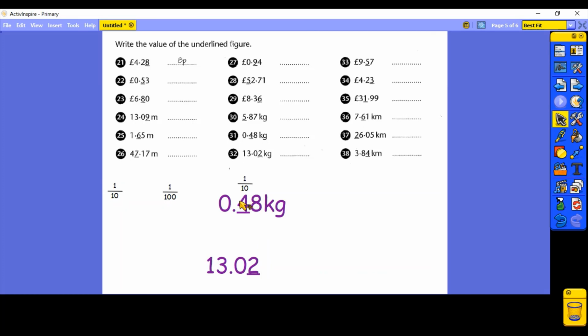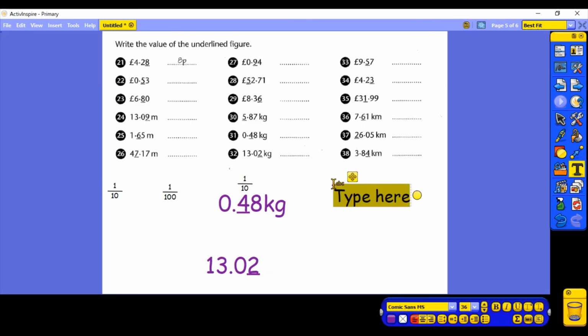Now, that is a 10th of a kilogram. Okay, and a kilogram, we know, is 1,000 grams. So we need to work out what a 10th of 1,000 grams is in order to be able to work out how much that digit might be worth. So 1,000 divided by 10. What's 1,000 divided by 10?